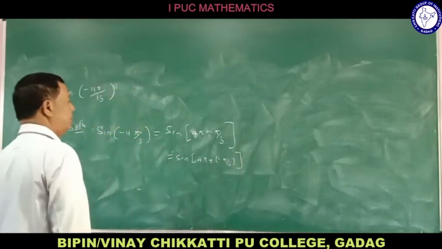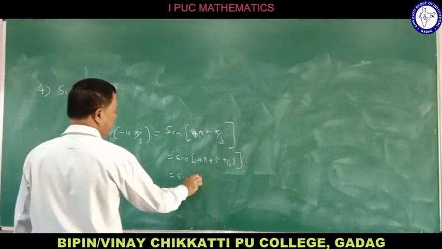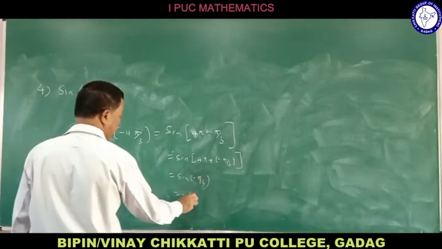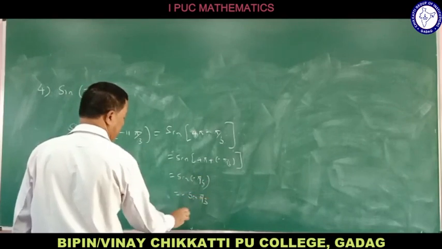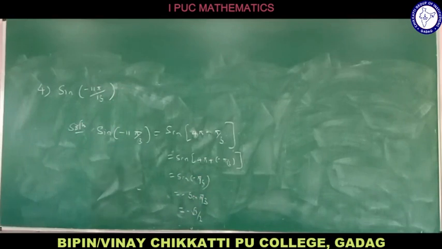And try to understand, this is sine of minus pi by 3. Sine of minus pi by 3, this is minus sine of pi by 3. Sine 60 is root 3 by 2. So you will find the answer that minus root 3 by 2.